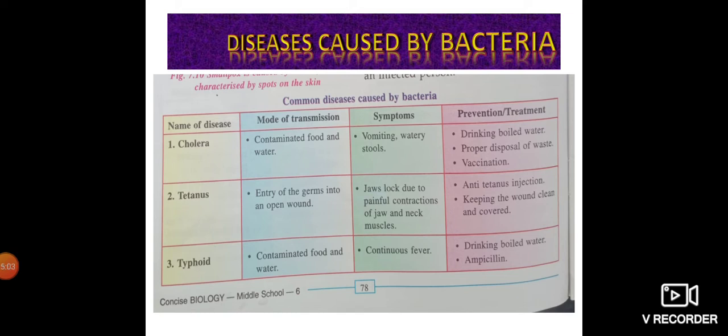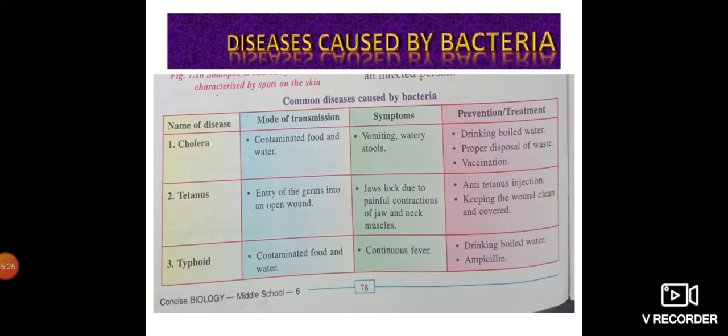So cholera is another bacterial disease transmitted through contaminated food and water. That's about bacterial diseases.